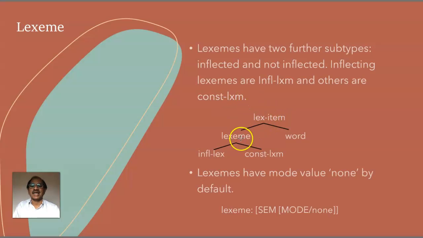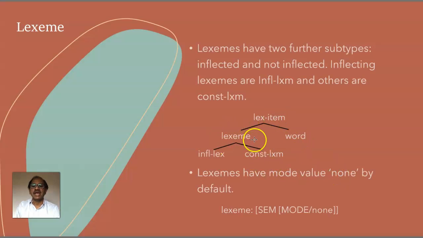So this is the hierarchy we are finding now. A lexical item will have lexeme and word as subtypes, and a lexeme will have inflecting lexeme and constant lexeme. So lexical item will have argument structure which will be inherited by both, and by these two also. We also have a particular feature by default. All lexemes will have mode value none by default.